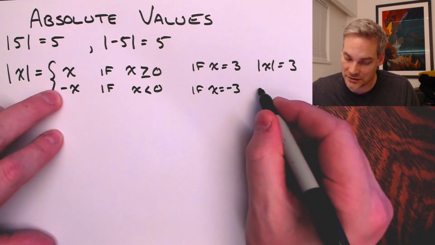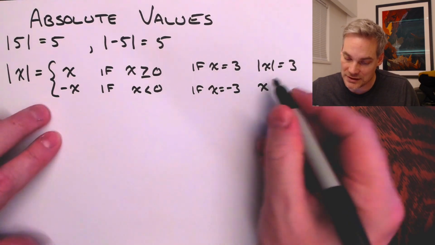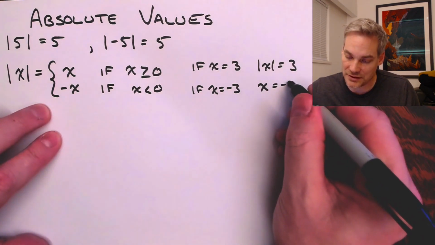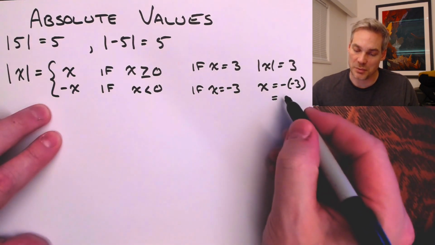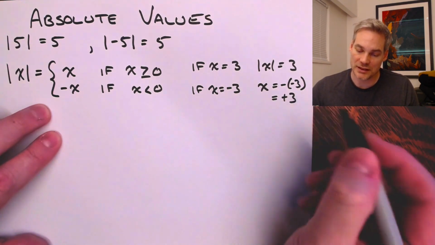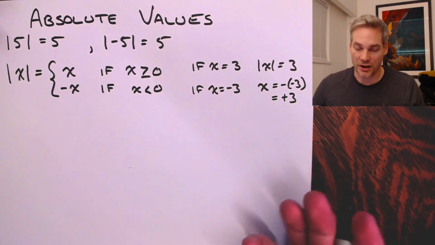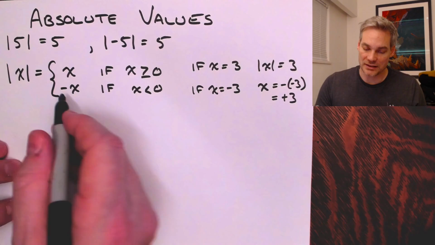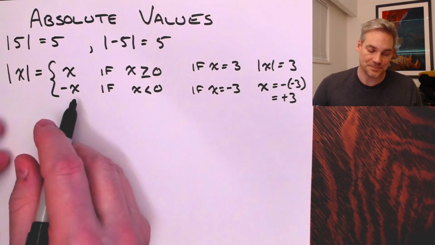So now I have the negative of negative 3, which is the positive. I want this to always output a positive, and that's why I pick up this negative. So when x is negative, you multiply it by a negative.